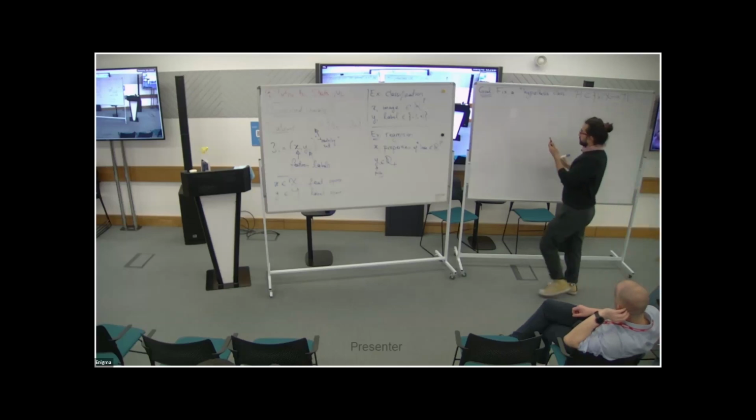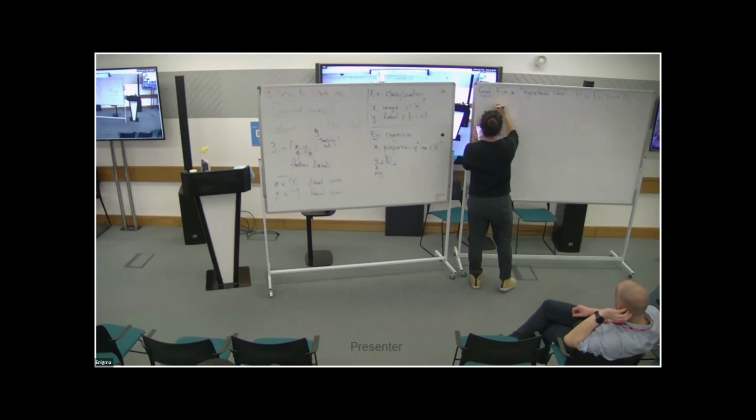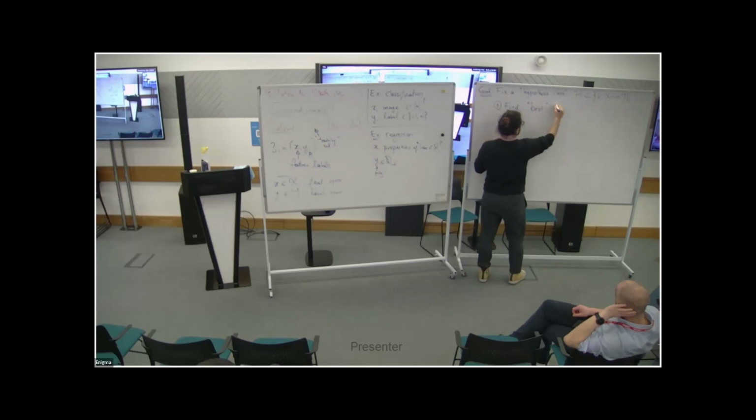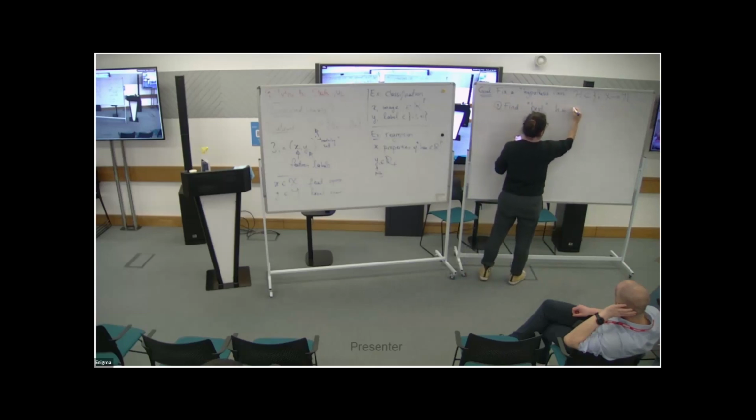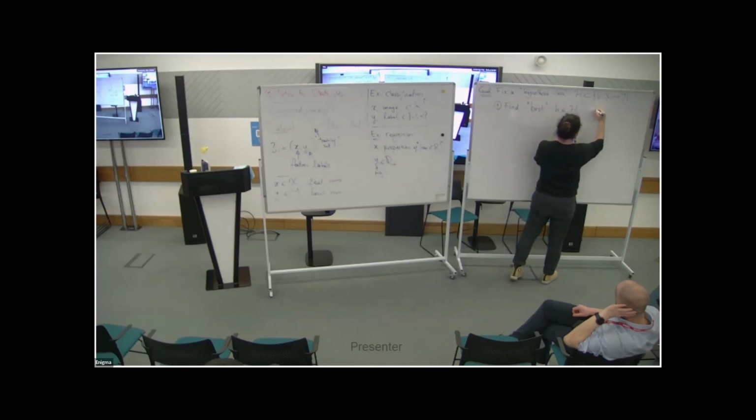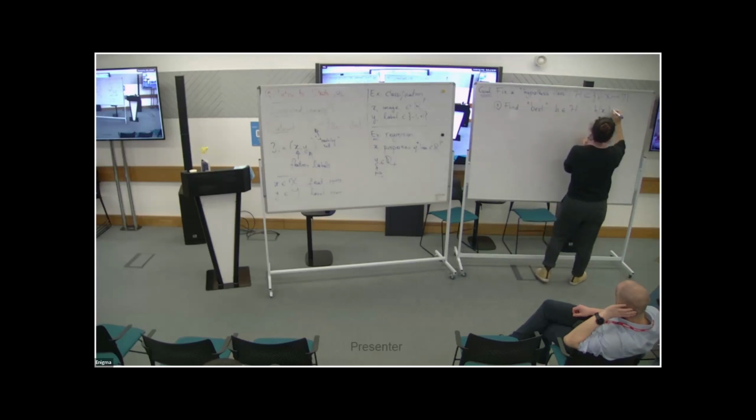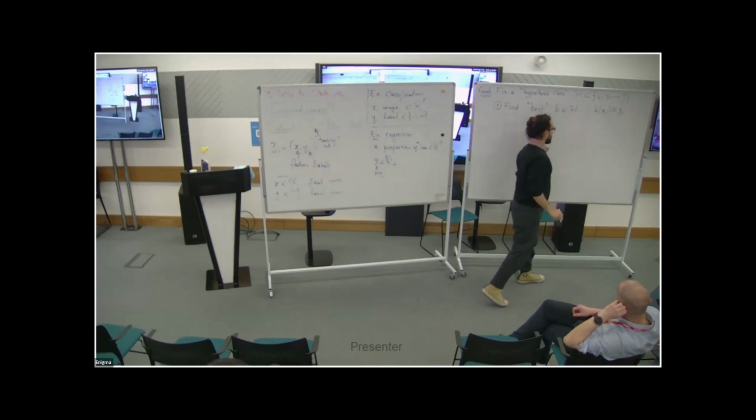And then we will try to find the best h in this class, such that if I apply h on each of the data points in my data set, it will give me approximately the true labels.